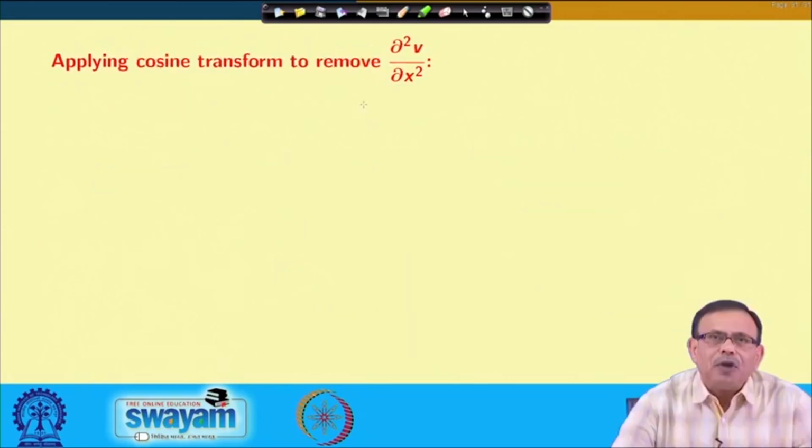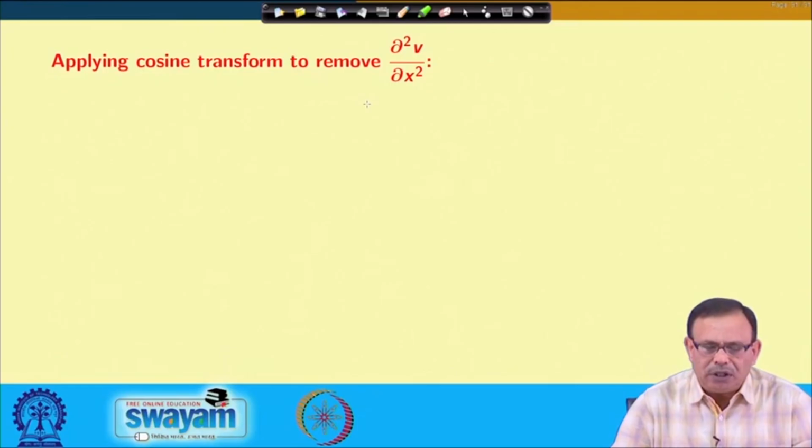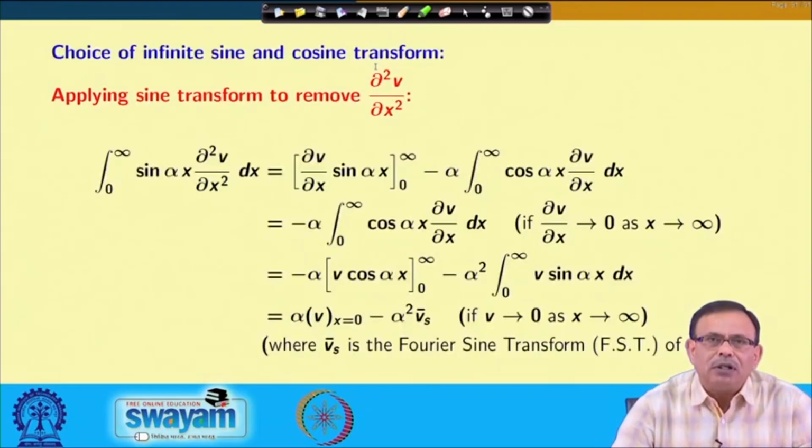Similarly, if I have to remove del 2 v del x square in the case of the cosine transform, what condition is necessary? So, please note one thing here: whenever I am taking the Fourier sine transform of del 2 v del x square, this equals alpha v at x equals 0 minus alpha square v s bar, where v s bar is nothing but the Fourier sine transform of v.